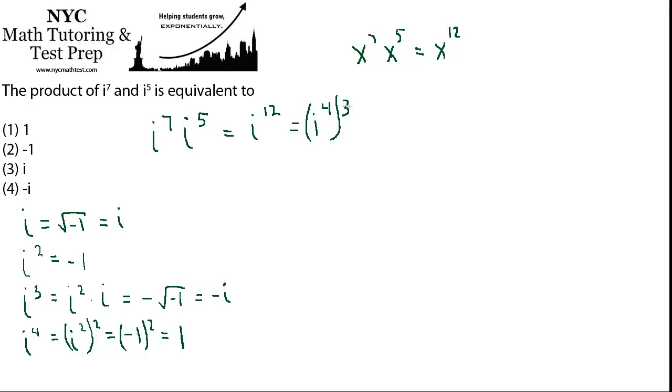Because in this case, power to a power, we would multiply the exponents. So that would be equivalent to I to the 12th. And what is I to the 4th? Well, I to the 4th is just 1. So this equals 1 cubed, which is 1. And again, you can go back and verify that on your calculator, but I to the 12th certainly equals 1, and the best choice would be number 1.